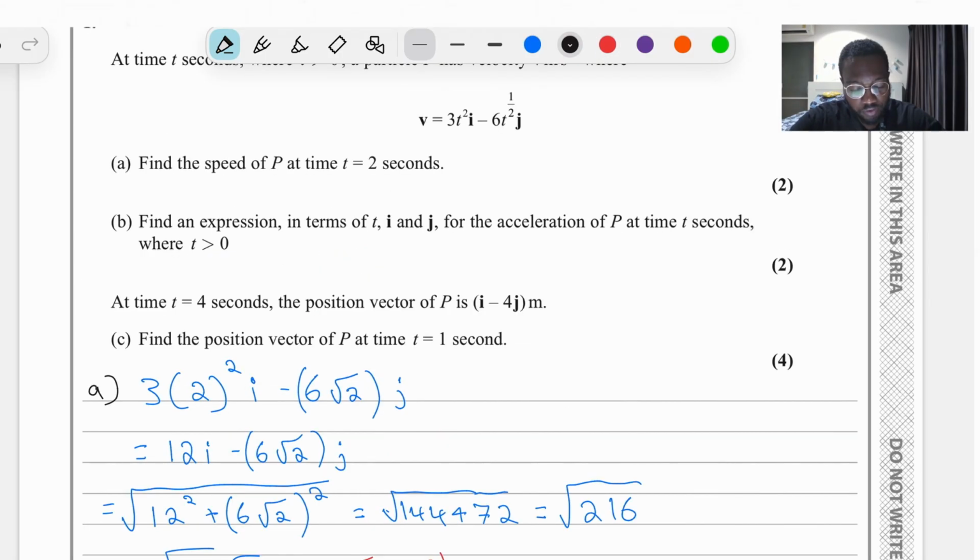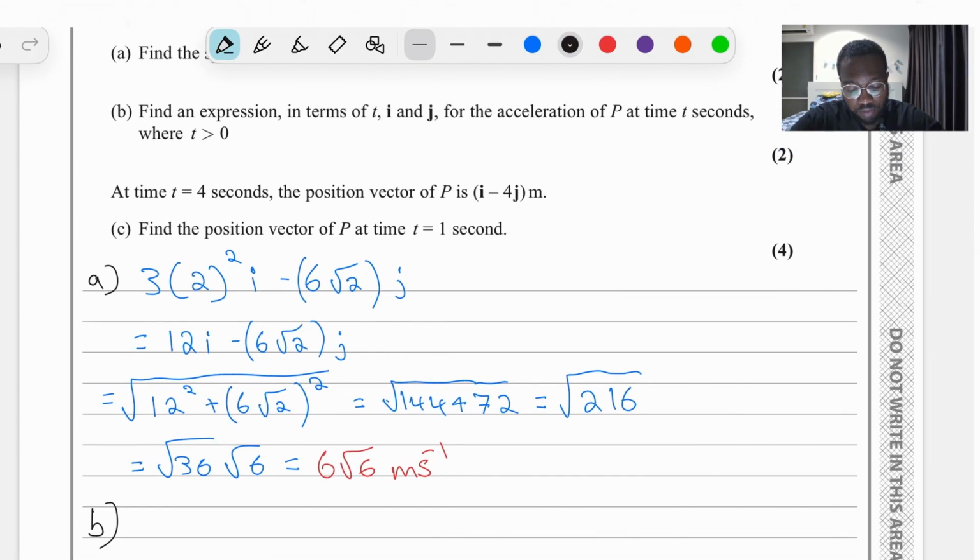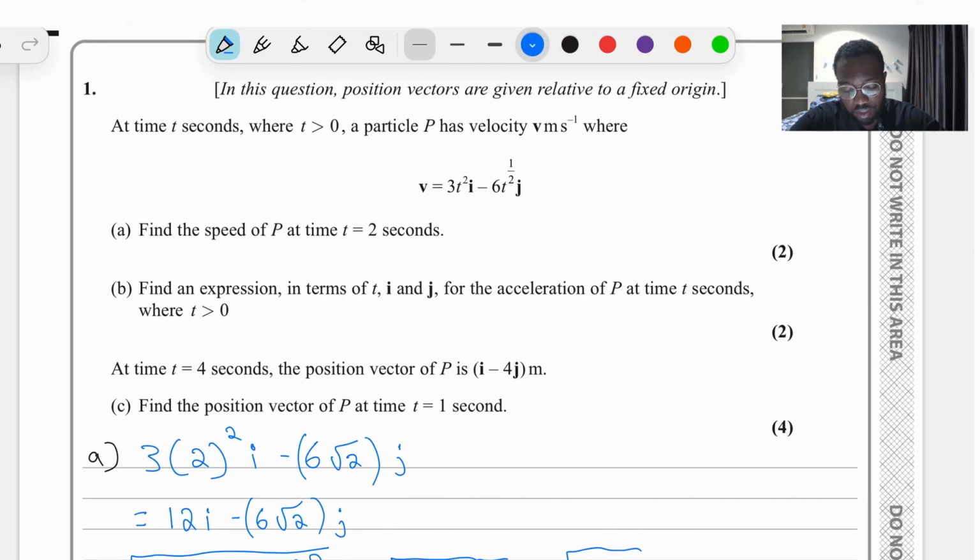Part B, in terms of i and j, we need to find the acceleration of P at time t seconds. If we've been given the velocity, all we need to do is differentiate it, because differentiating gives dv over dt, which is the acceleration.